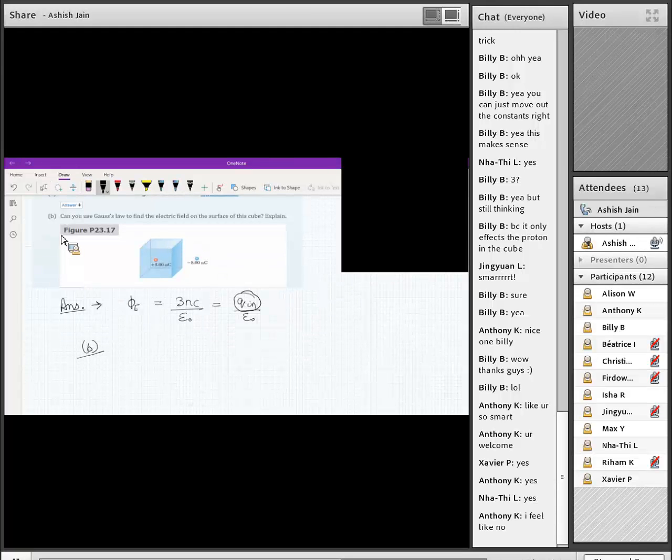Yes, we can find electric flux, but not electric field. So the answer to that question is no. We cannot find the electric field because the electric field at the surface is non-uniform.